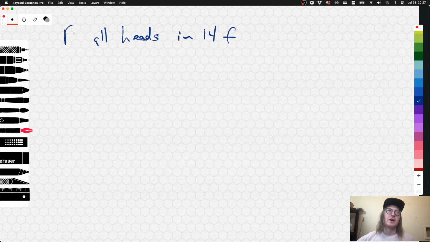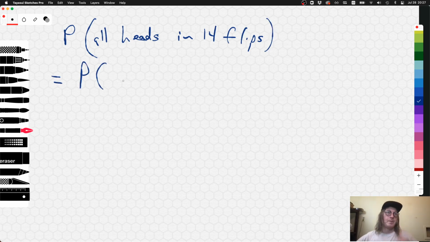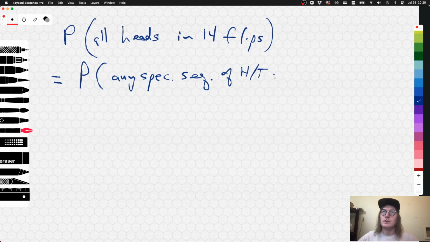The probability of all heads in 14 flips is going to be the same as the probability of any specific sequence of heads and tails in 14 flips, okay?